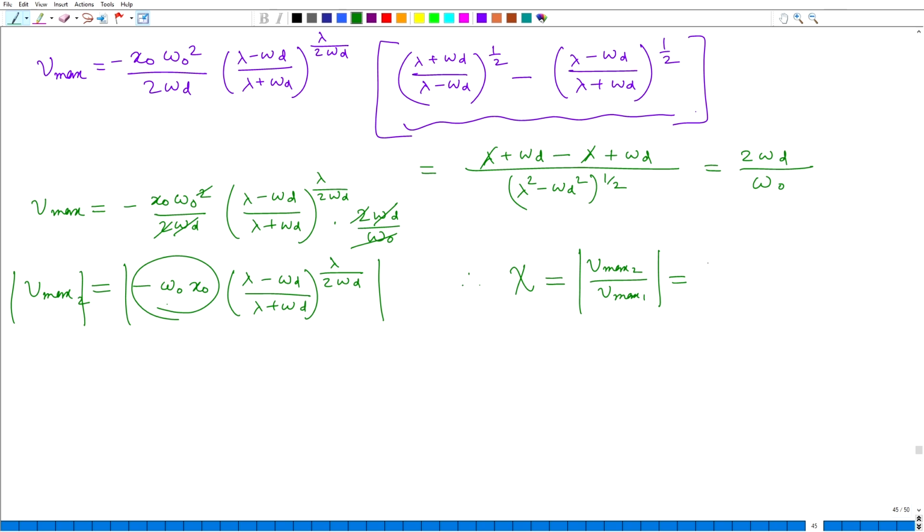So, it will be simply lambda minus omega d by lambda plus omega d whole to the lambda by 2 omega d. Okay.